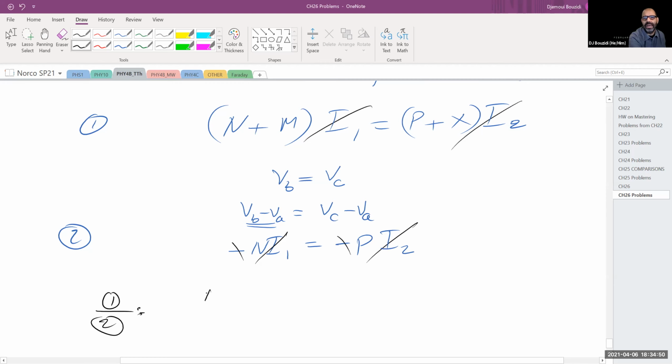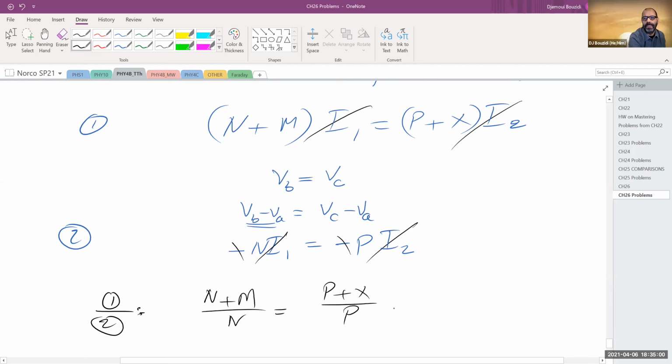So what I will be left with is N plus M over N is equal to P plus X over P. And that means that I have N over N, which is 1, plus M over N is equal to P over P, which is 1, plus X over P. Cancel the 1 from both sides.